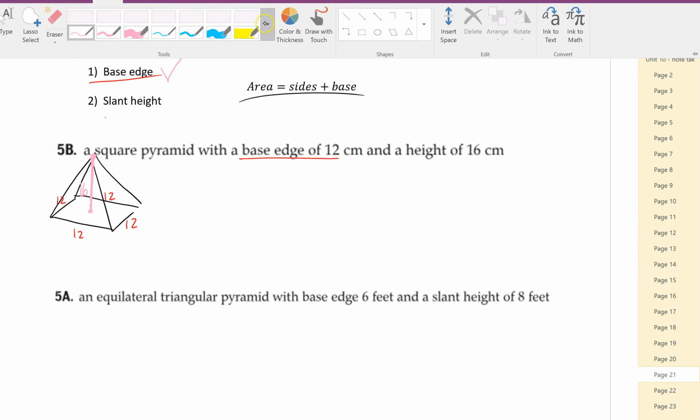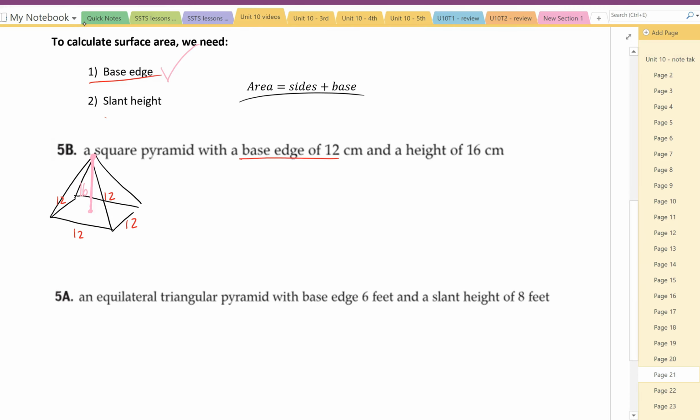To figure that out, I'm going to have to use the Pythagorean theorem, and here's how. If I know that this side is 16, and the slant height would be right here, what I have is a triangle. So here's the slant height, here's the height, and then here's just basically half of a base edge. Right? This distance right here would just be half of 12, right? 12 would be all the way along one side.